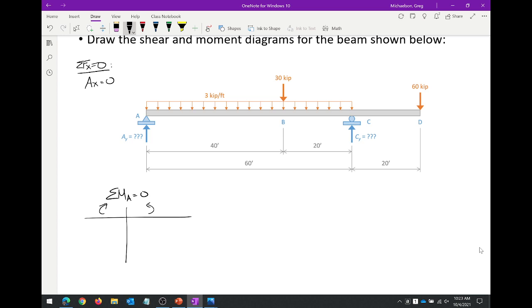Now, I got this distributed load. I'd like to collapse that into a single point load. I have 3 kips per foot acting over a distance of how much? 60 feet. So what's 3 times 60? 180. And 180 is acting at a moment arm from A of what? Yes, 30.